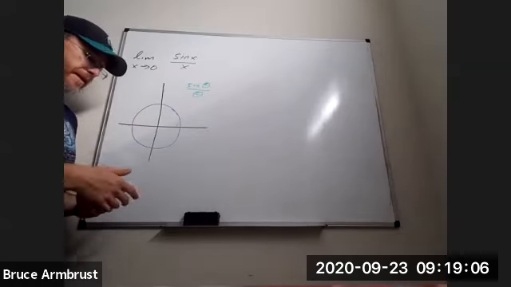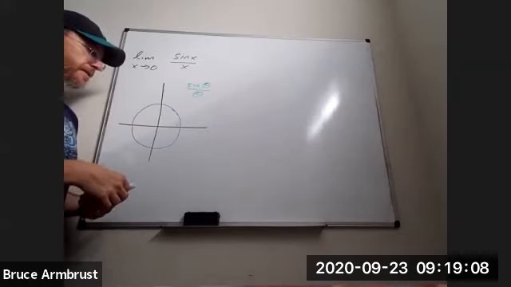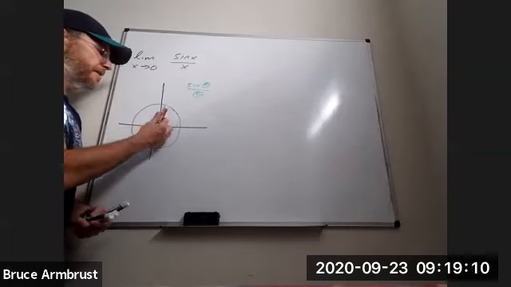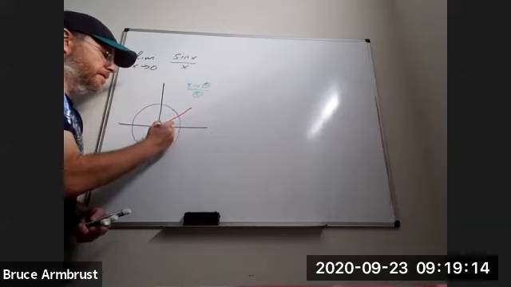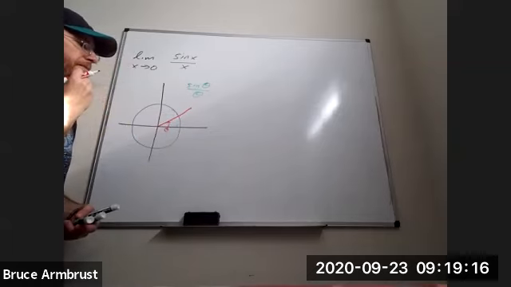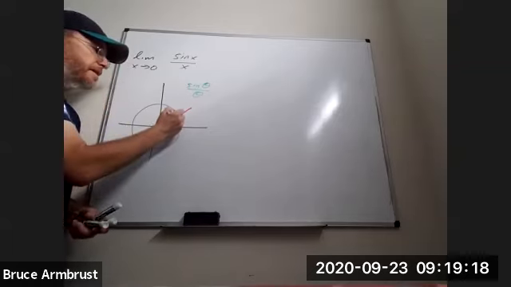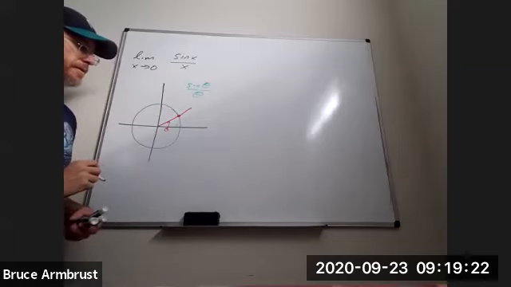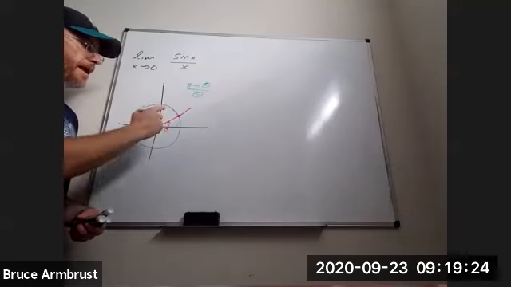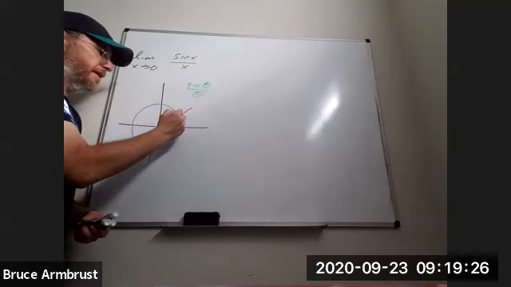So let's put in a theta, and let's figure out what the sine is. Here is a theta. And then the sine of theta comes from this point right here. The sine of theta is actually the y coordinate.